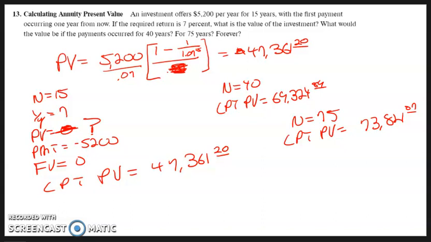So for a perpetuity, forever, it'd be 5,200 divided by 0.07, and that's $74,285.70.